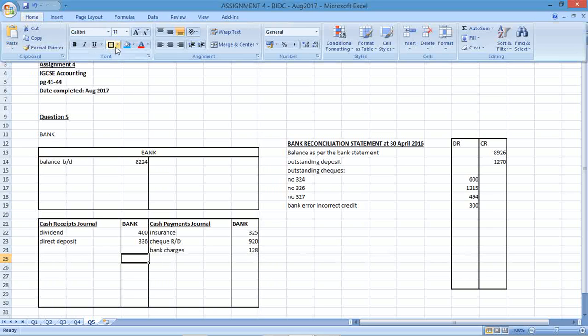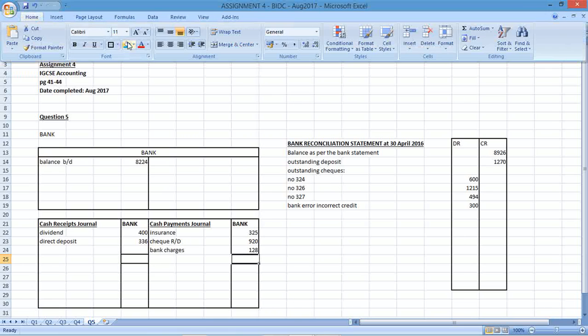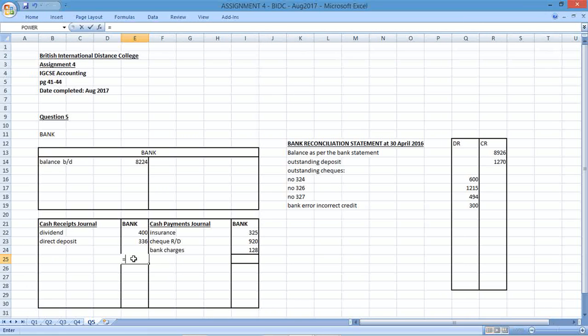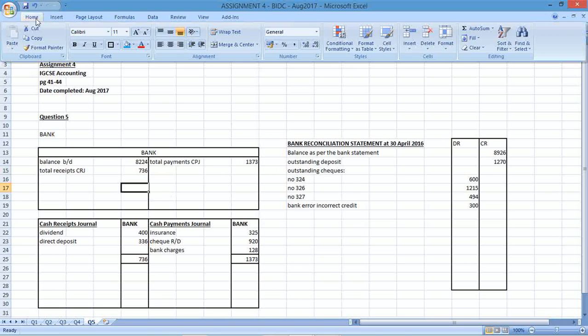Yes, it was. So total this, and then I'm going to get the receipts and payment adjustments. Add up that and add up this. I'm going to then record those adjustments here. Total receipts from the cash receipts journal, total payments from the cash payments journal, and then I'm going to balance this account off.